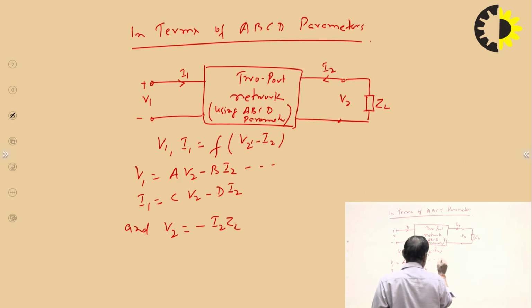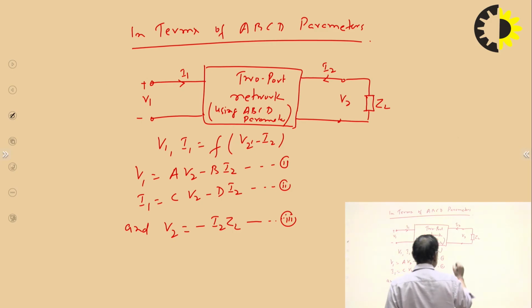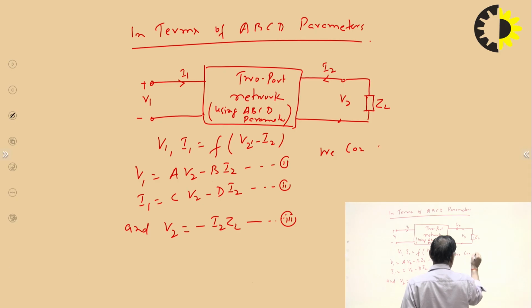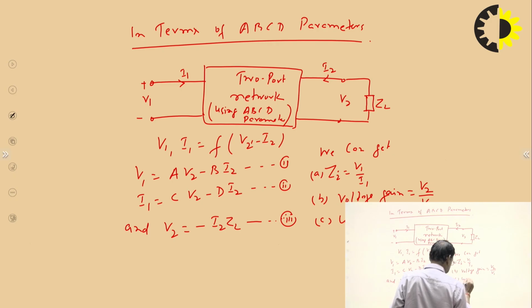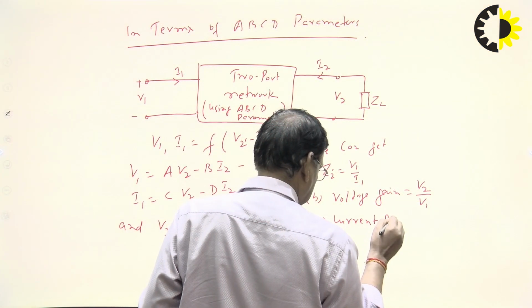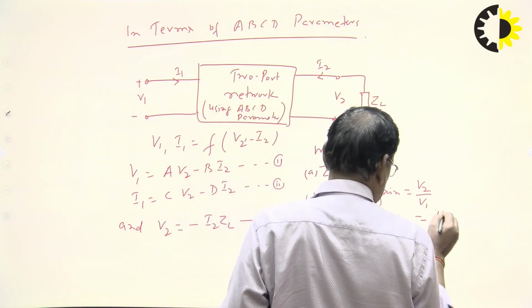So using these three equations, first, second and third, we can get ZI, V1 upon I1, voltage gain equal to V2 upon V1, and current gain I2 upon I1.